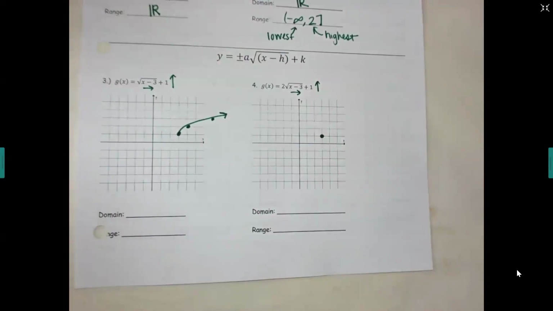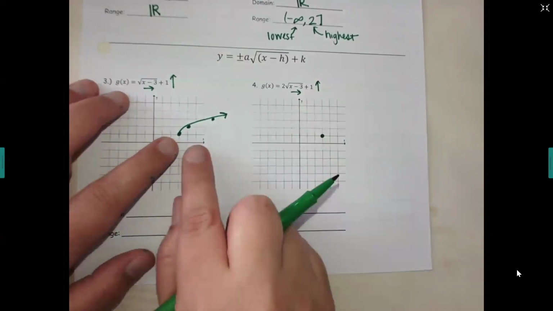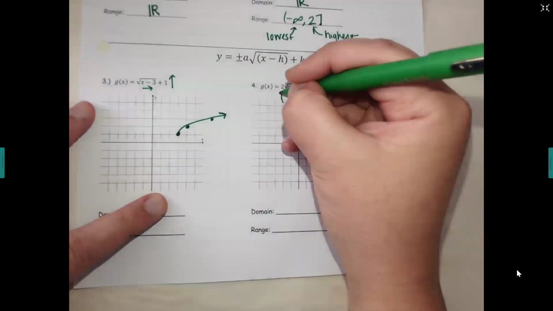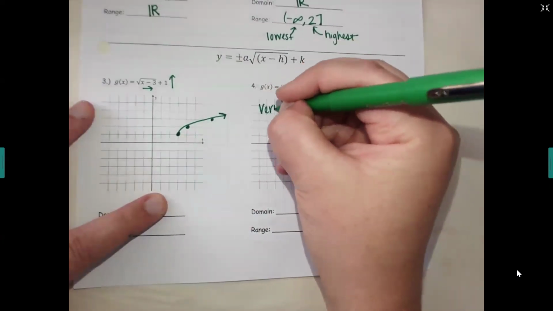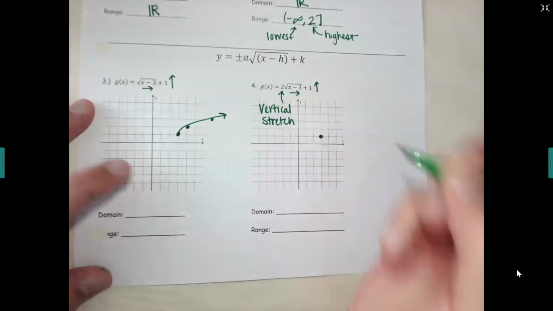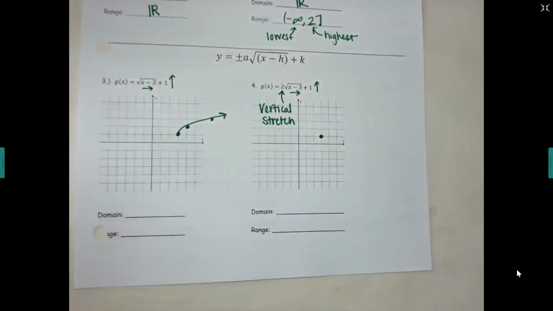Now, the 2 is going to affect a vertical stretch. Essentially that means it's not going to change how far you go to the side. So the 1, 3 are going to stay the same, but it's going to stretch your hook to be taller. So write vertical stretch. A vertical stretch is going to spread out how high you go.